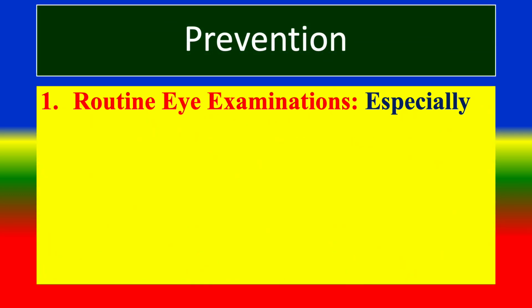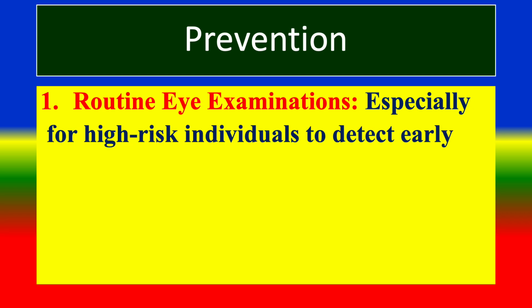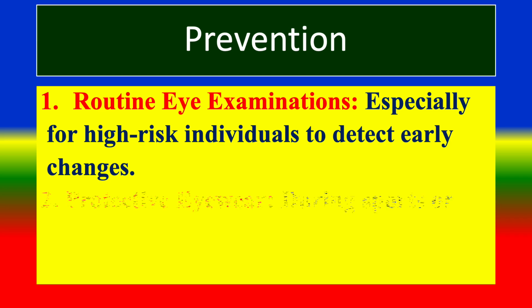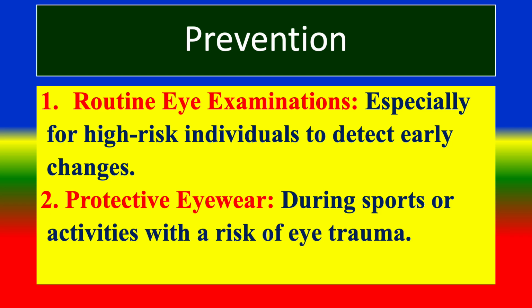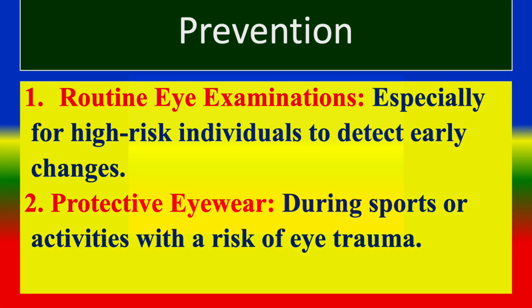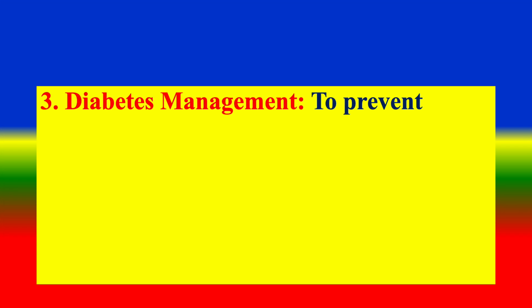Prevention. 1. Routine eye examination, especially for high risk individuals, to detect early changes. 2. Protective eyewear during sports or activities with a risk of eye trauma. 3.